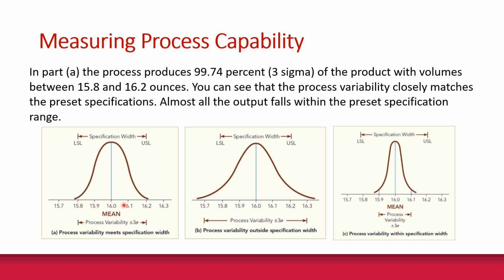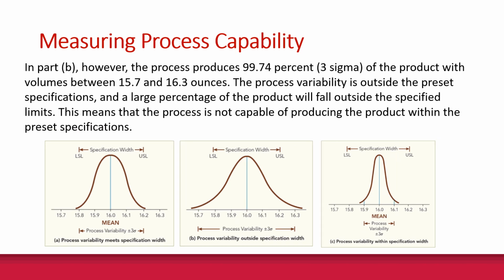Some are going to be a little bit less, some are going to be a little bit more. But in this particular process, part A here, you can see our histogram closely matches these preset specification widths. Almost all of the output falls within the specification range. So that's one example. Let's take a look at example B now.